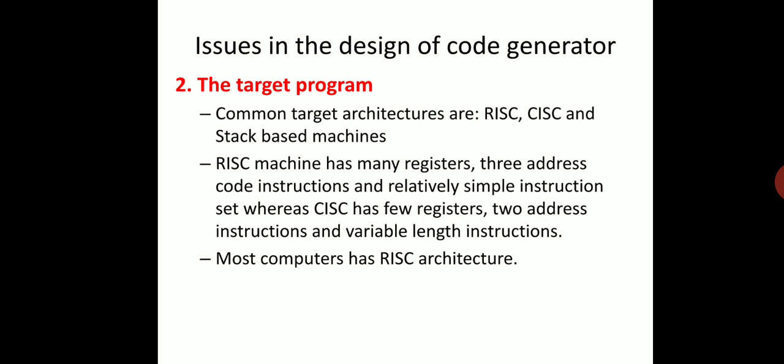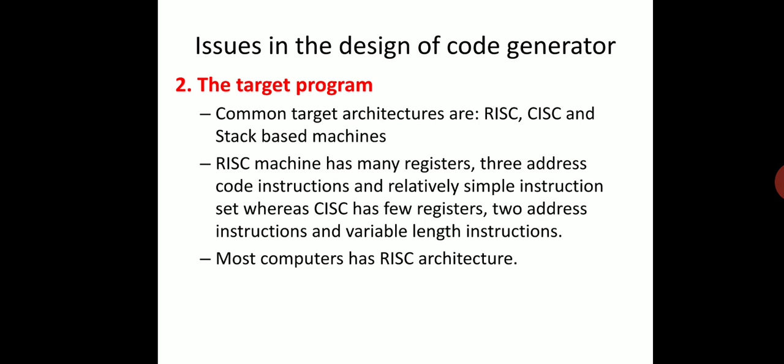Different types of architecture the machine can have are RISC architecture and CISC architecture. RISC is nothing but reduced instruction set computer, and CISC stands for complex instruction set computer. So these are the two different types of architectures the target machine can have.